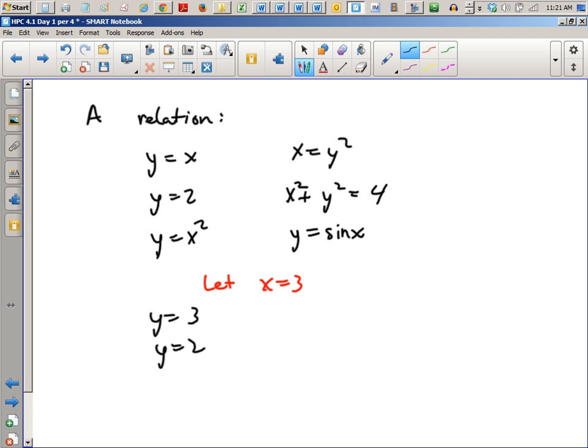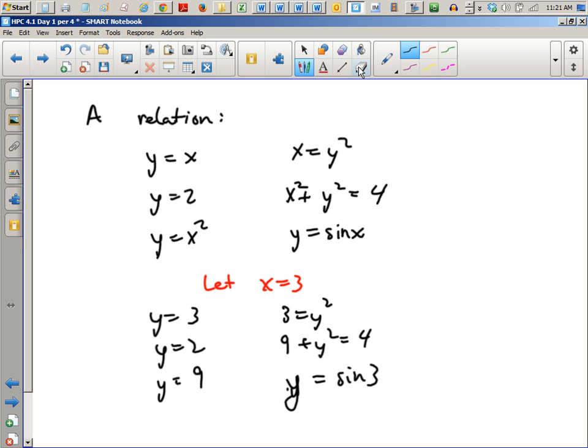For x, if there's no x, then there's nowhere to plug it in. So if x is 3, or if x is a million, y is 2 on that second one. The third one, of course, would be y equals 9, right? The fourth one is going to be 3 equals y squared. And then the next one would be 9 plus y squared equals 4, see? And the next one would be y equals sine 3.